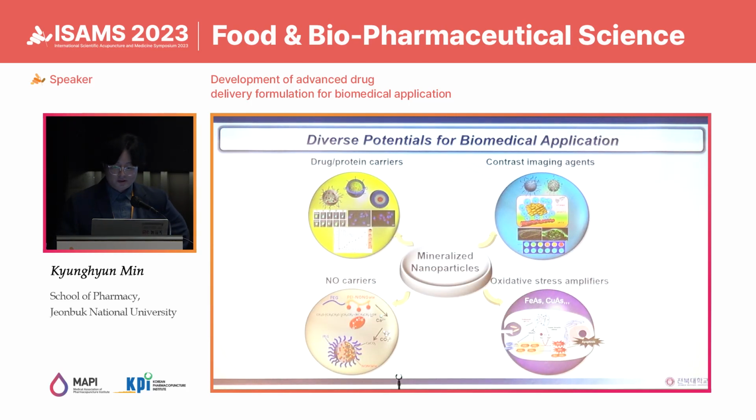Using this mineralization process and technology, we have developed a multifunctional mineralized delivery system for cancer nanomedicine, such as chemical drug, protein carrier, nitric oxide carrier, oxidative stress amplifier, and contrast imaging agent.